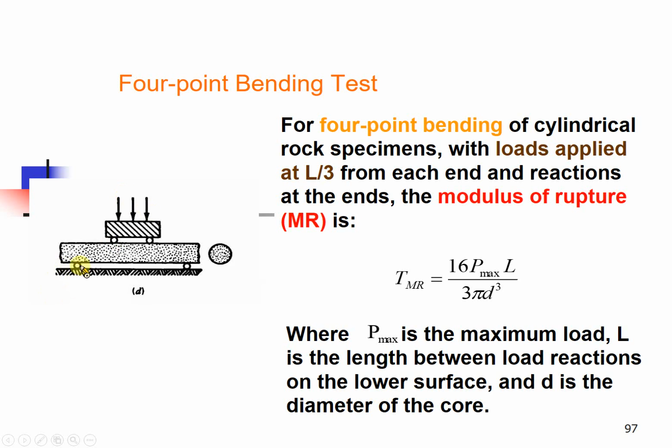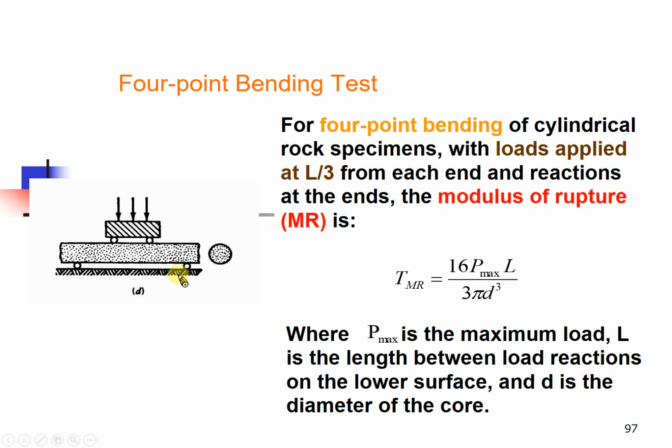Understand? And here you will have a reaction of P divided by 2, and here another P divided by 2. Then this will be a typical problem for mechanics of materials, when you were in the second year of the undergraduate program.